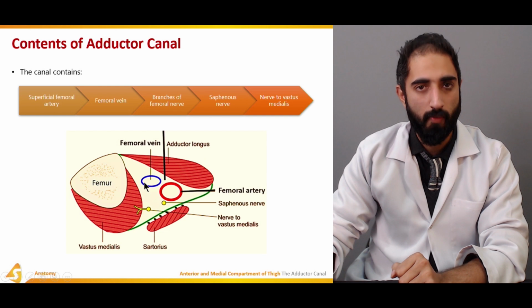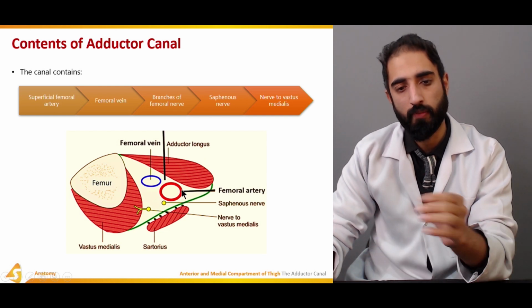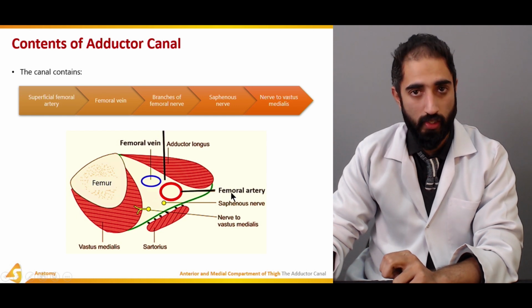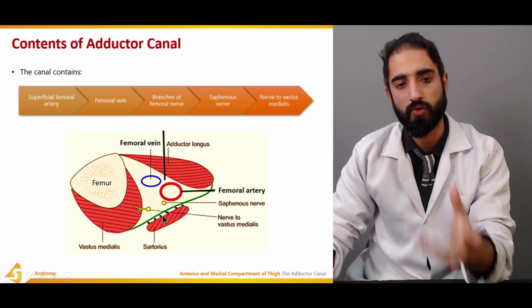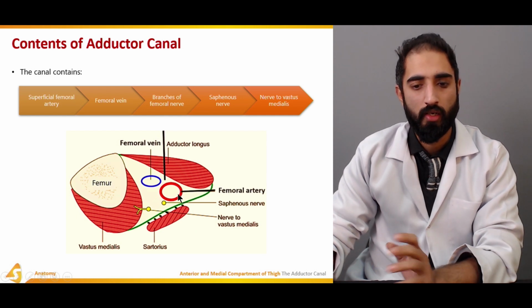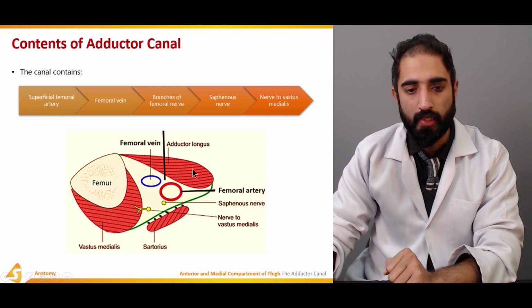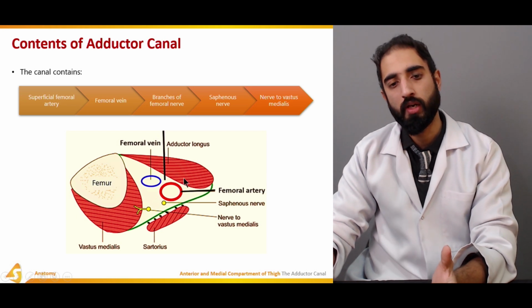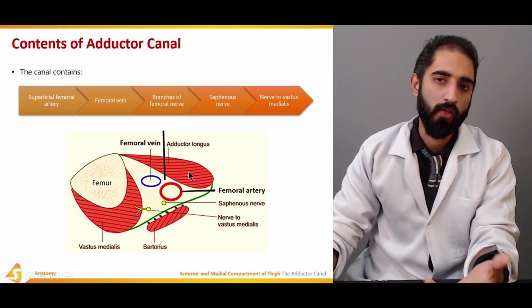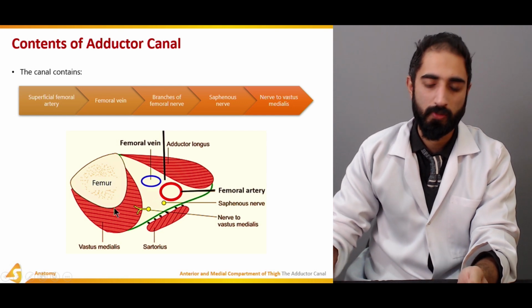This is the femoral artery, which is located medially as compared to the vein. This is the saphenous nerve, and this is the nerve to vastus medialis, and there's also the superficial femoral artery, as already mentioned. Here we have the anterior aspect, which is the sartorius. Here we have the posterior aspect, which is the adductor longus, adductor magnus, and adductor brevis. And here laterally we have the vastus medialis muscle.